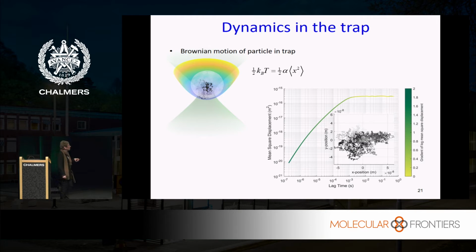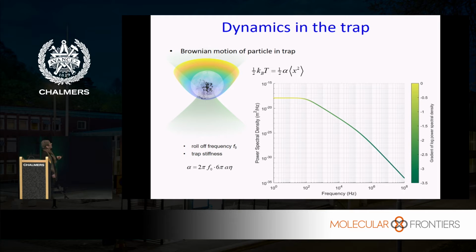So I have a good camera or some other detector, and I'm looking here at the X position, for example, and the Y position of the particle, and following it in time, for a long time. I can then plot the mean square displacement of the particle as a function of time, and this is the curve I will get. So I can analyze that and make a power spectral density as a function of frequency, and this is the typical curve that I will get for my trapped particle.